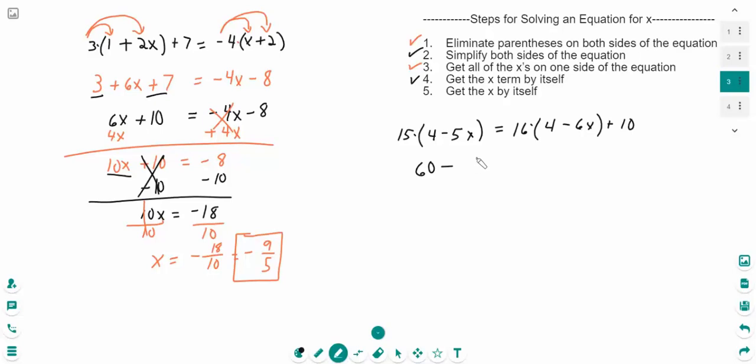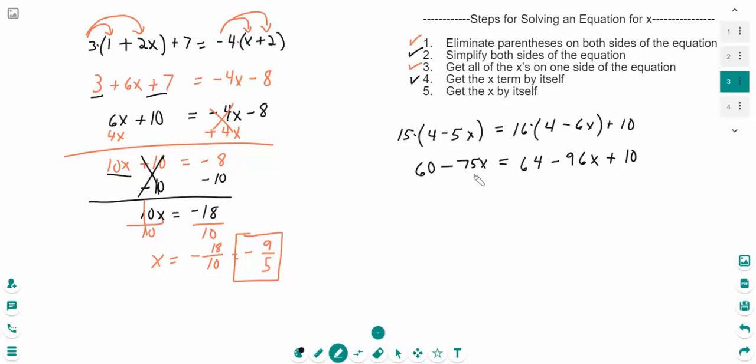Oh, is what? 75. 75x equals 16 times 4 is 64. Minus, let's see, 16, 30, 96. Hopefully I did that right. Plus 10, right?